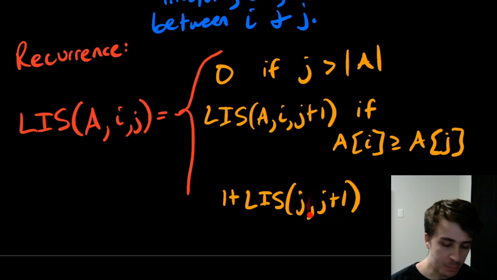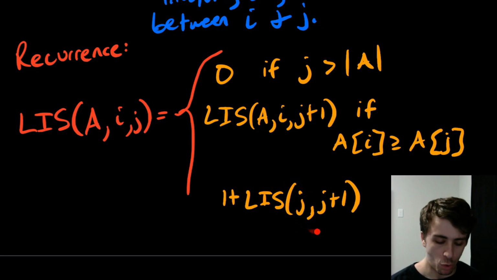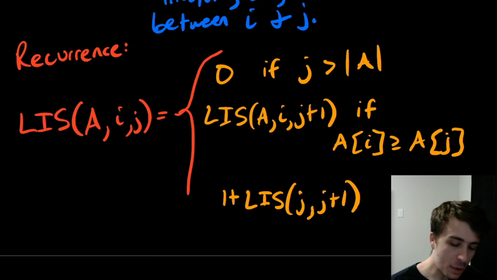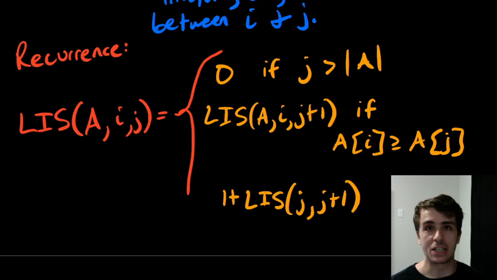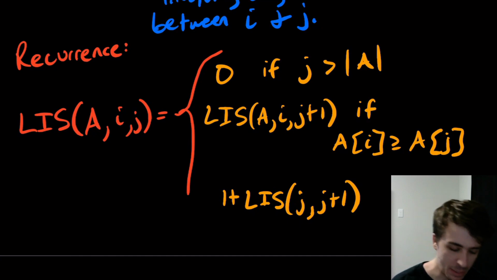So this parameter might be 0 or 1 or 2, we don't know. But we're moving to the next element in the array with the j plus 1 here, and by this plus 1 at the beginning, we are including index j. But in the other case, where we're not including index j, it's the same thing as if we just move to the next element to start with. So there are two cases here.